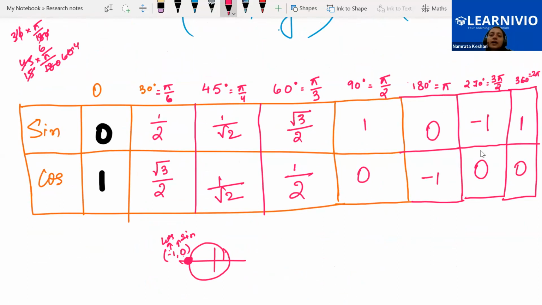Now I was saying, are you able to notice a pattern over here? Sine pi is 0.